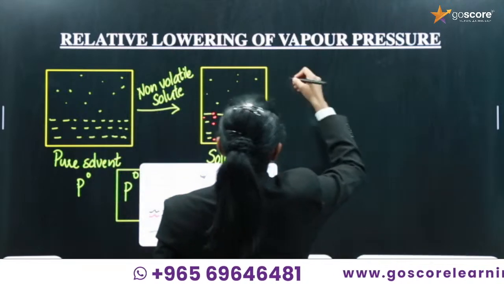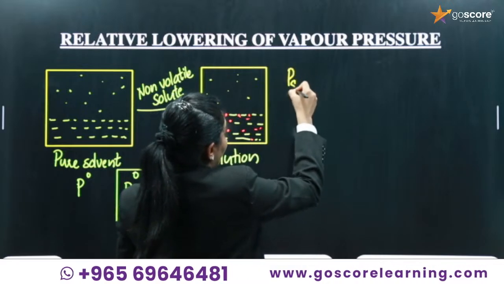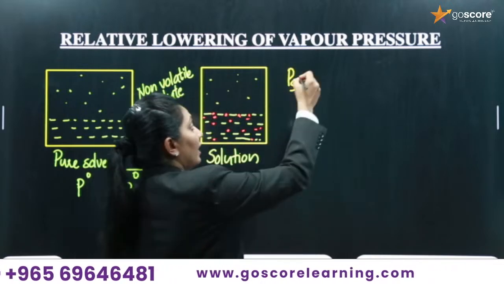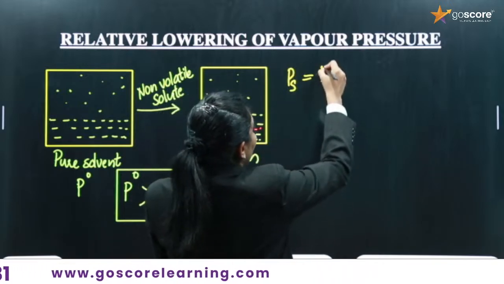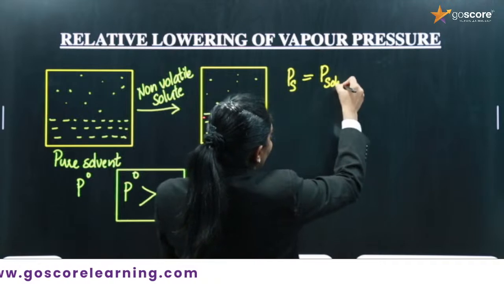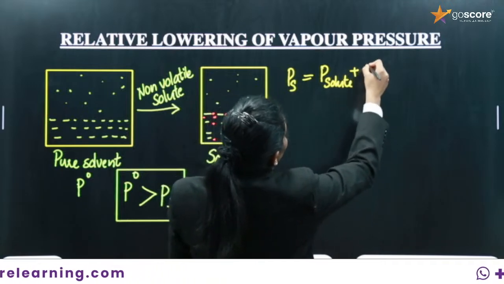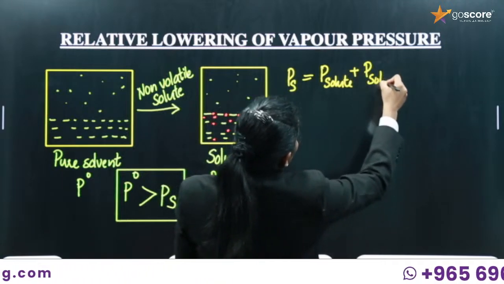According to Raoult's law, combined with Dalton's law, the total vapor pressure of the solution is the pressure of the solute plus the pressure exerted by the solvent.